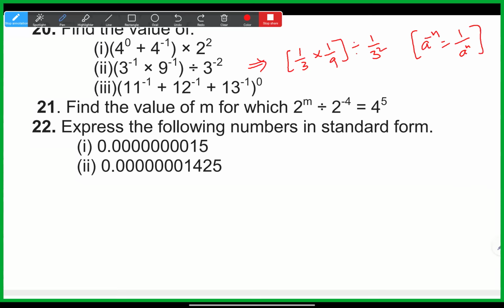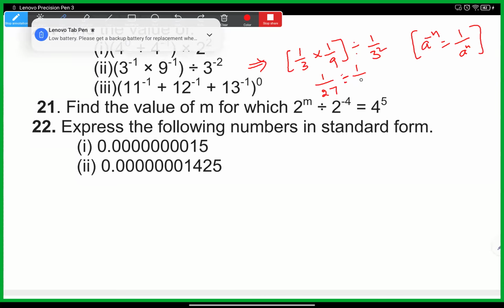Now, 1 by 3 into 1 by 9, we cannot cancel anything, so 1 by 27 divided with 1 by 3 square. How much is 3 square? Sir, 9.